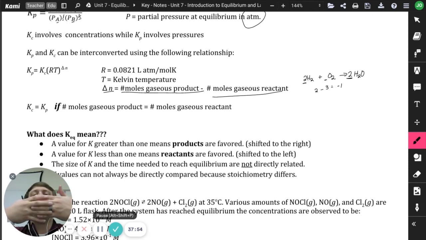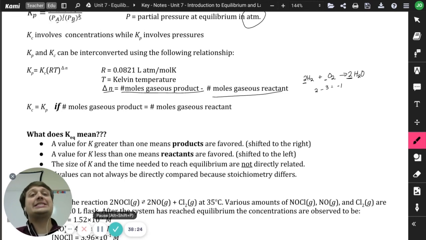But once we reach equilibrium, those concentrations and pressures are basically going to be consistent after that point. Okay? So if I solve for K and I find that K is greater than 1, what that tells me is that it is products favored. Okay? So it's products favored. And what that means is that the reaction is going to shift to the right to start to make some more products. Okay?